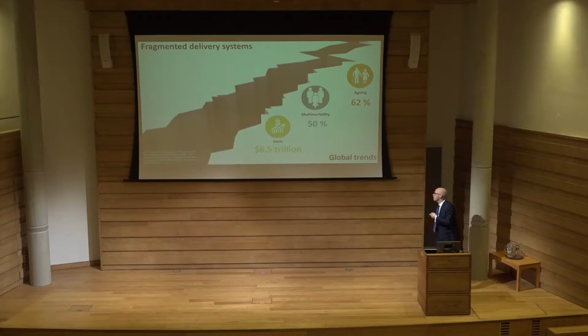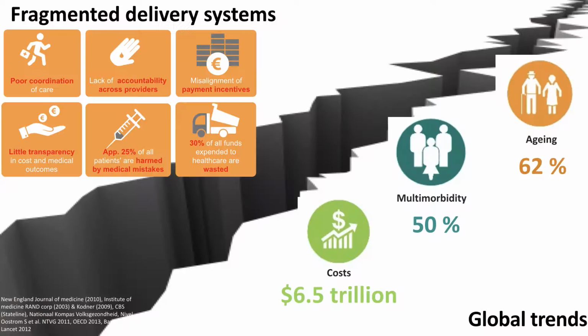So if you know this is the demand, and what we have organized on the supply side, we see a big gap. So first of all, as already said, we have a fragmented delivery system which is caused by a poor coordination of care across the care continuum. And this is caused by a lack of accountability across care providers. Who's accountable for someone with a high or complex need? How should we organize that? It's ambiguous who is accountable for that.